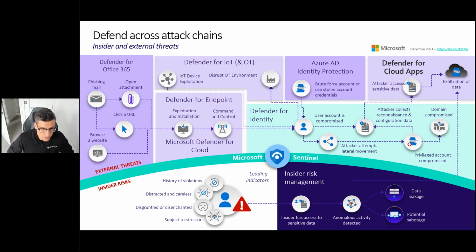We can also threat hunt across all those tools and look for things that aren't detected that could be indicators of malicious behavior. And we're also able to look at these kind of insider risk factors. So we can get risk scores on our internal users and look for insider threats.